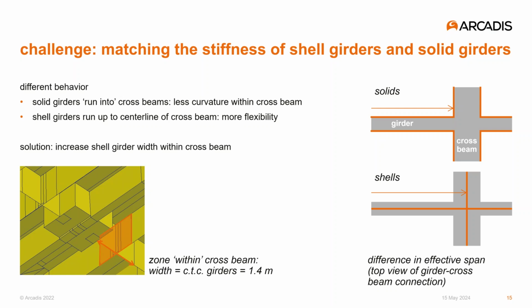Where the shell girders connect to the shell crossbeams at their respective center lines, the solid girders just run up to the clear side of the crossbeam. So the shells connect to the crossbeams at the center lines, and the girder actually feels the crossbeam already over here. So it has a shorter effective span and thus behaves stiffer. We solved this issue by just increasing the width of the shell girder in the zone where it sits within the real crossbeam. So increasing the stiffness in that zone.